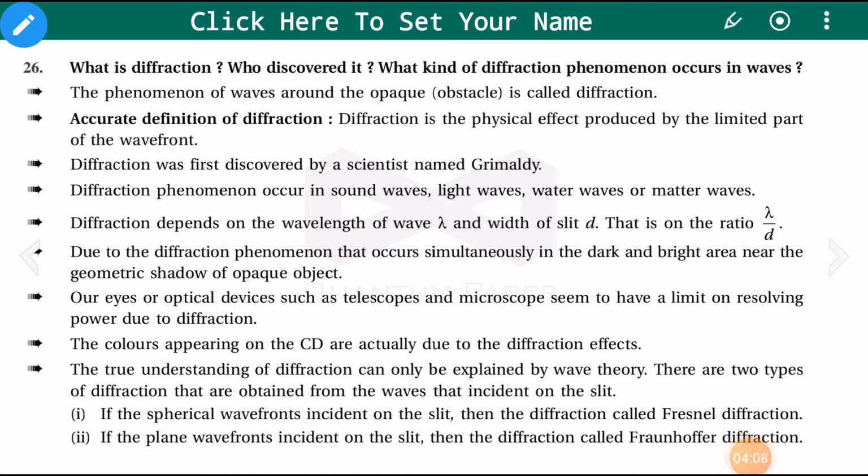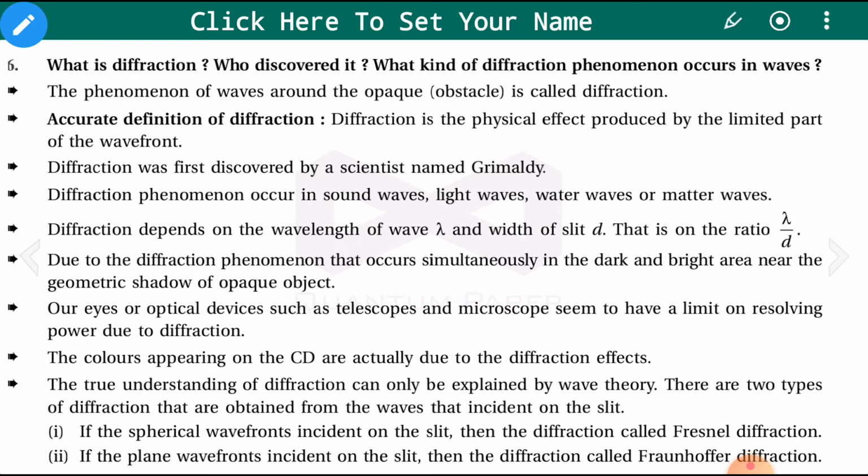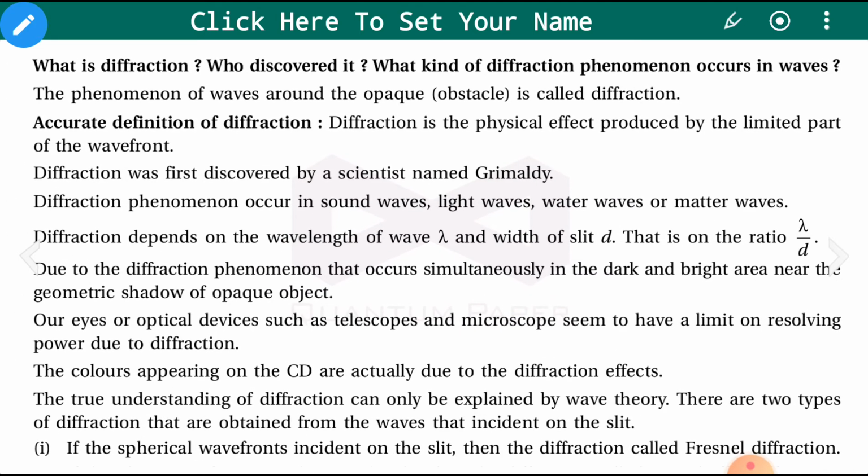Now we shall discuss diffraction. It's a new phenomenon. What is diffraction? Who discovered it? What kind of diffraction phenomena occur in waves? The primary concept of diffraction is explained here.